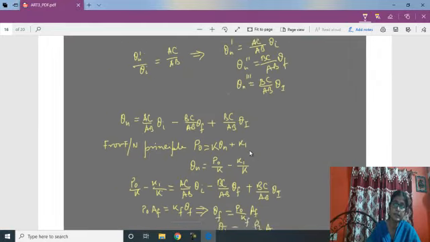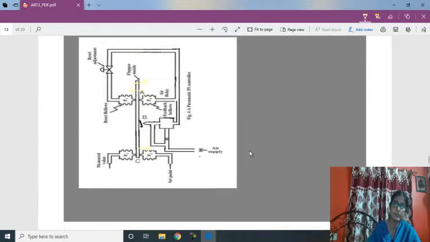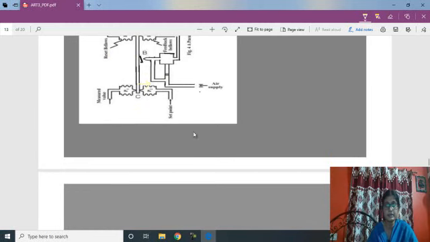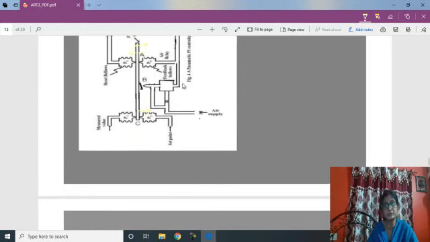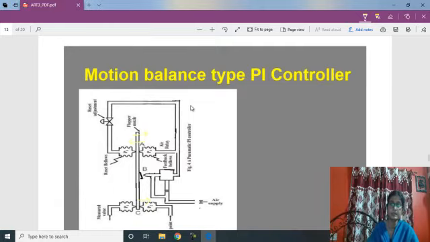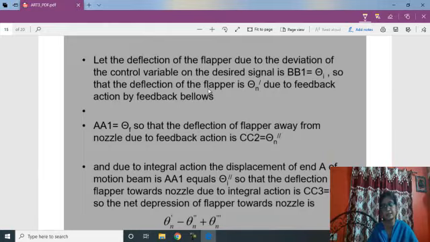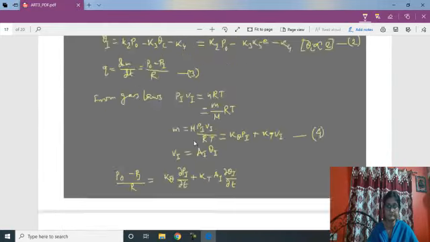Now for a PID controller, only one part should be incorporated along with this P and I. That means there should be a derivative restrictor and the effect should be a delayed effect, due to the derivative control action. So if you draw the model of this motion balance PID controller, that is sufficient to explain, because the other steps are exactly similar.